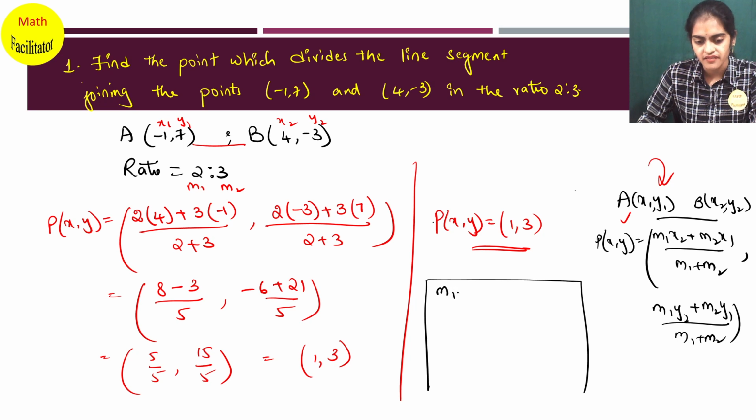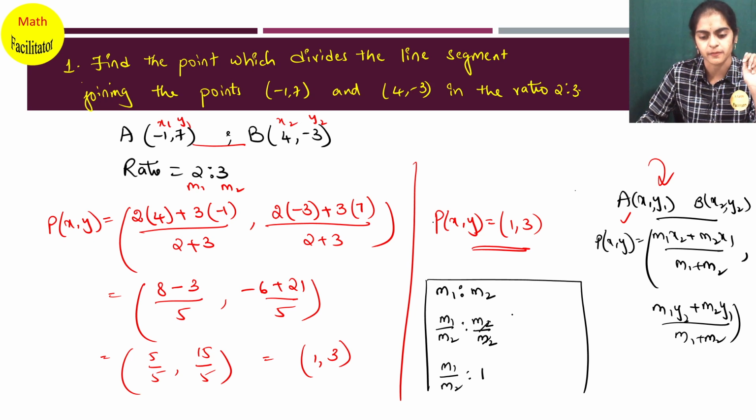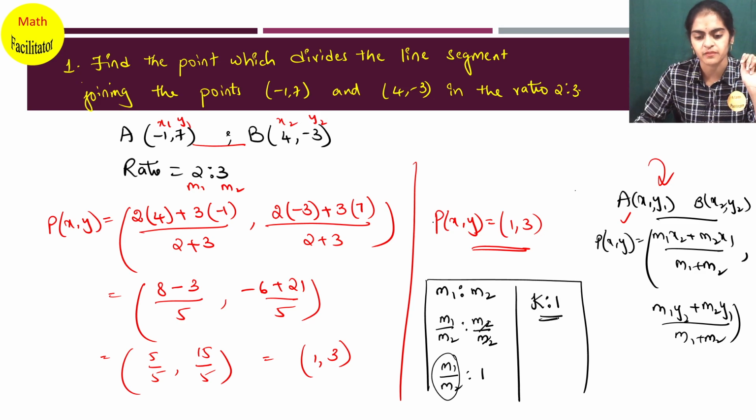We have taken the ratio as m1 is to m2. So divide both the terms by m2. You'll get m1 by m2 is to m2 by m2. The m2 cancels, and you'll have 1 here. Now this m1 by m2 I can take as some variable k, and I have 1.